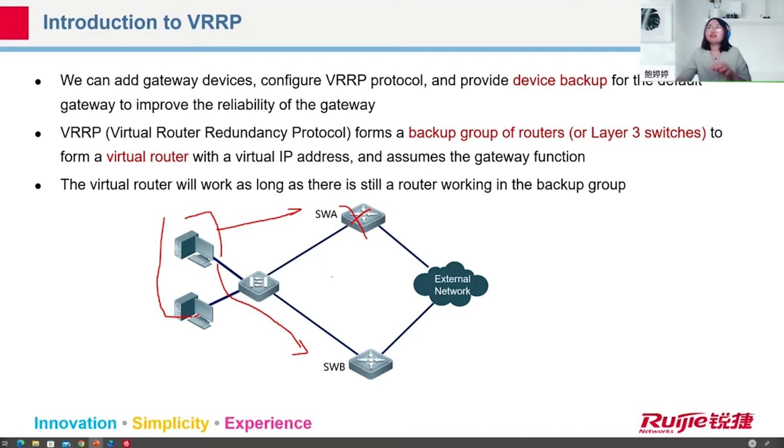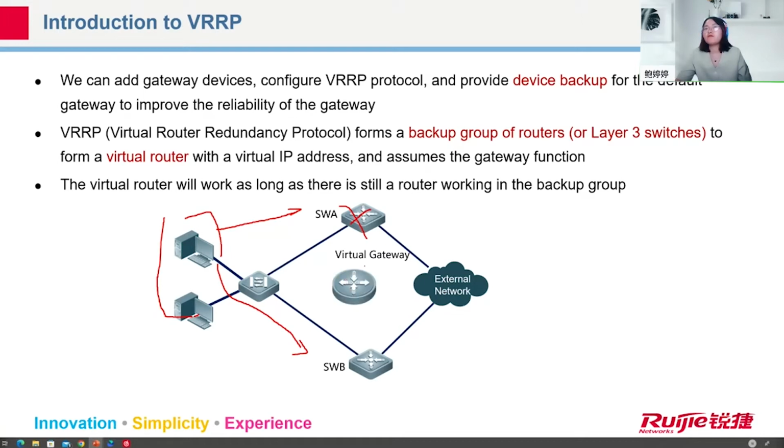So in this solution, you have to watch your network all the time, and you have to change so many configurations, right? Although maybe you use DHCP, you have to change the gateway configuration and let the clients get a new gateway address again. It's very complex.